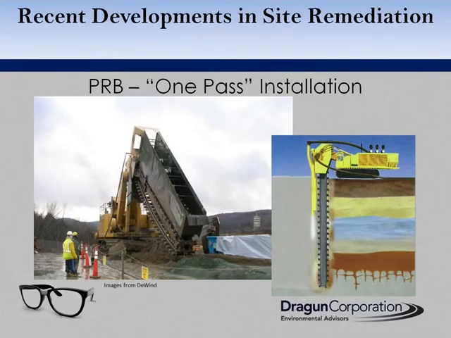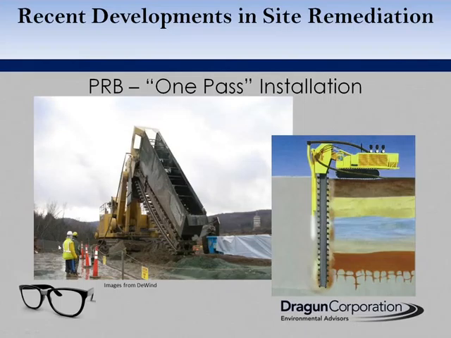The advantage is not only are they able to go deeper than traditional excavation can, but they also can install the reactive material right behind the excavation. You can see on the schematic on the right-hand side, as it's moving from left to right, it's pulling out the natural material, and then reactive material is being injected behind. So you end up with a one-pass installation of a reactive barrier.